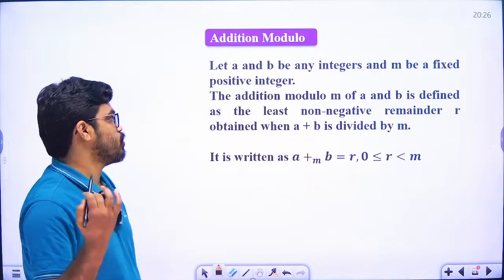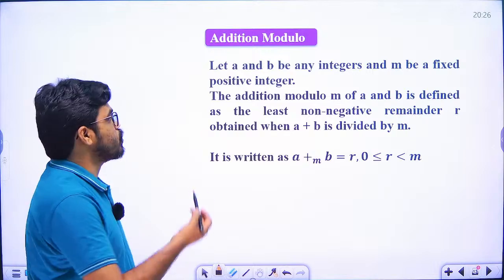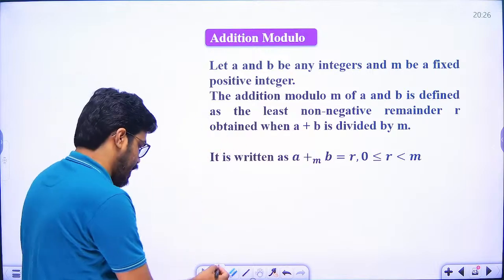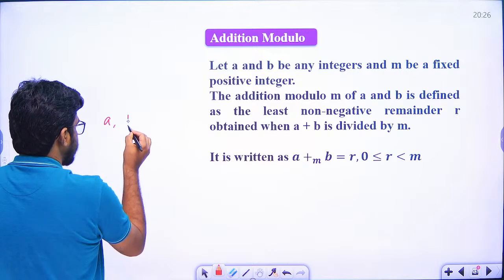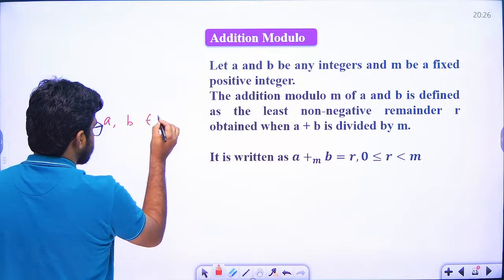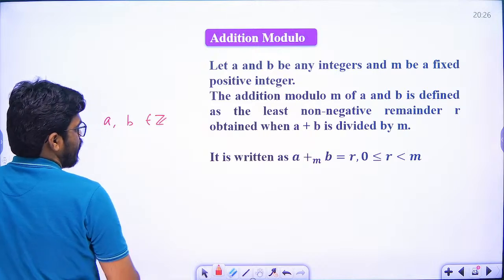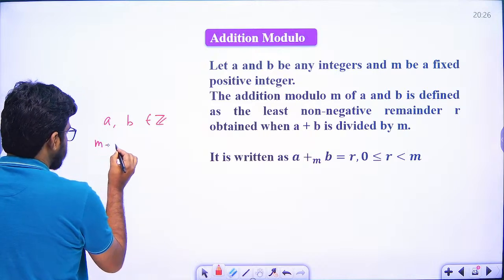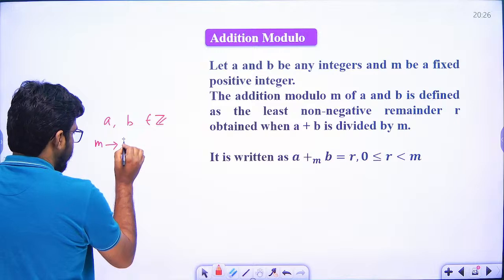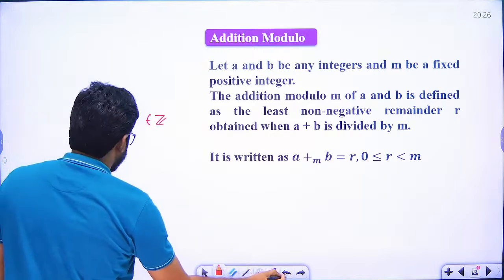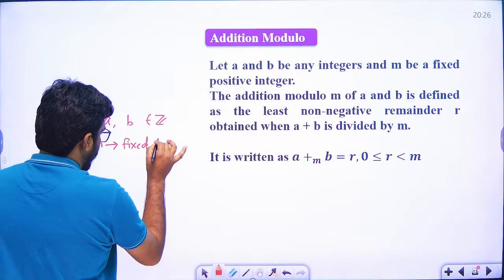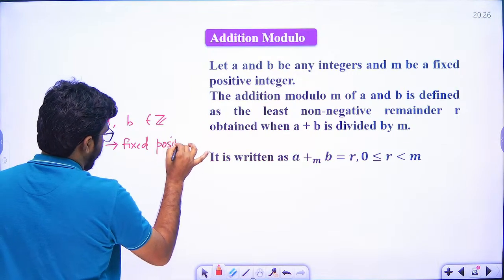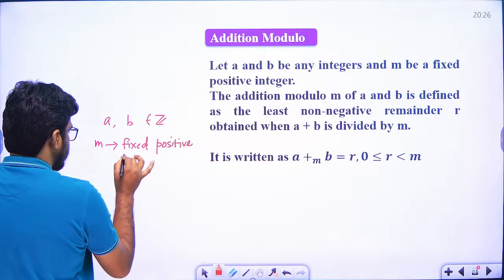What is addition modulo? Suppose we consider two integers a and b. These are integers. And m is a fixed positive integer.